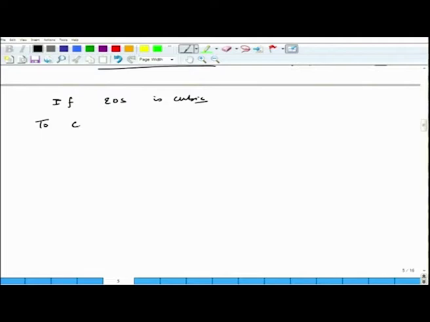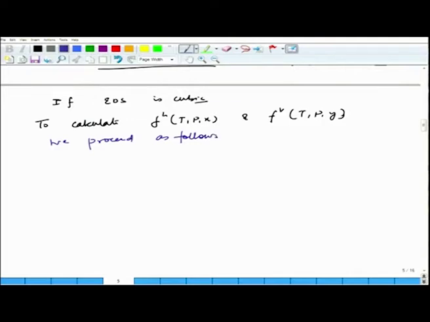To calculate FL and FV, as functions of temperature, pressure and composition, we proceed as follows. Okay, for the case of liquid, T, p, x, since we have to evaluate this, I am going to write down a simple algorithm for how we are going to do that.